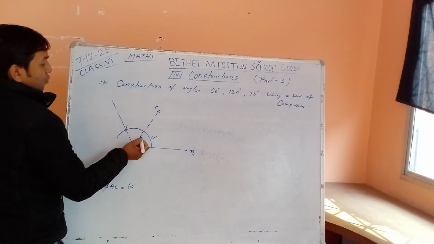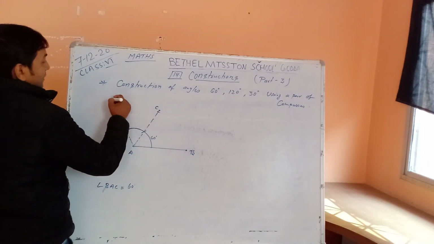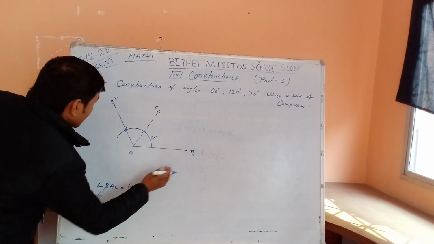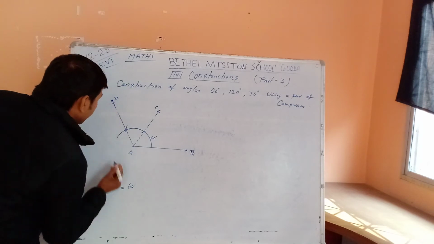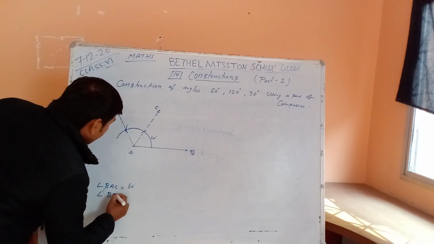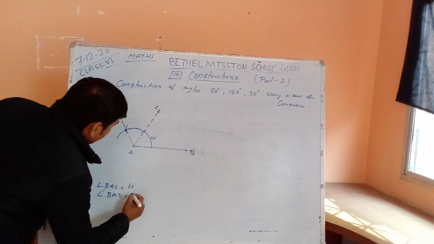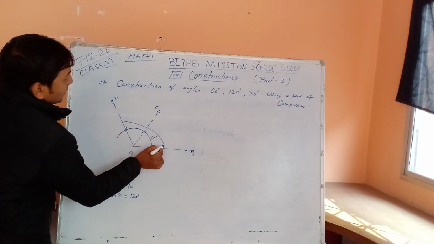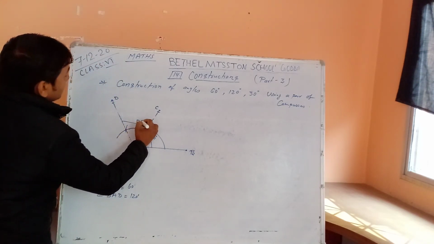This is 120. Give the name D. So here angle BAD, 120 degree up to here. This angle is 120 degree.